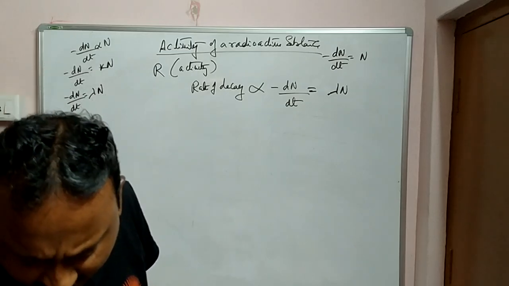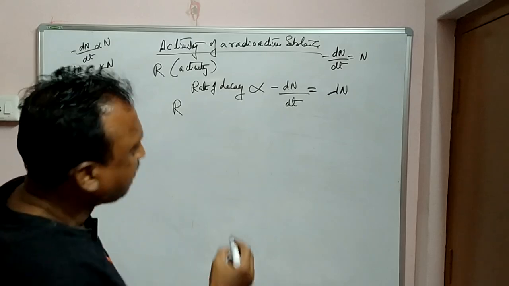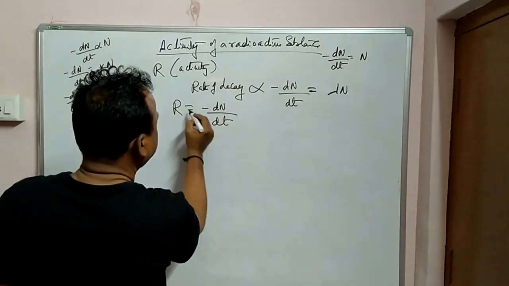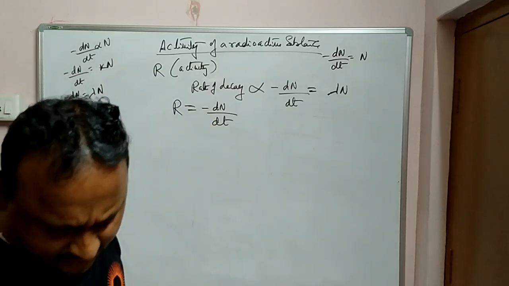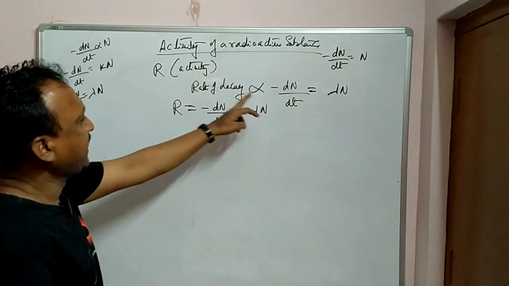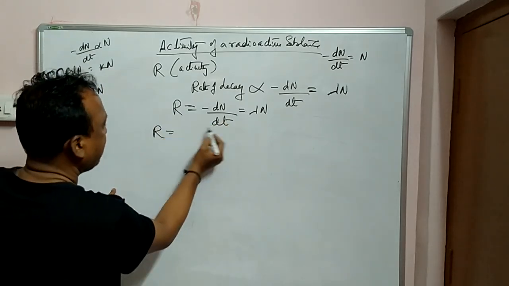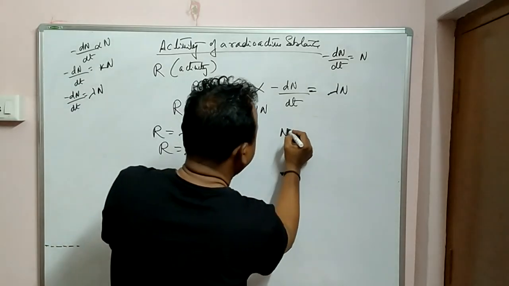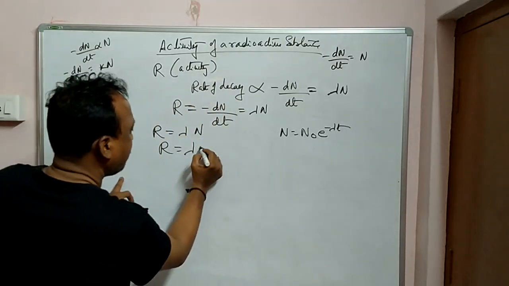So the rate of decay I can write in this fashion. R is equal to minus dN by dt, and of course this is equal to lambda into N. So R is equal to lambda into N, the activity. We already know N is equal to N0 into e power minus lambda t, so put it here.